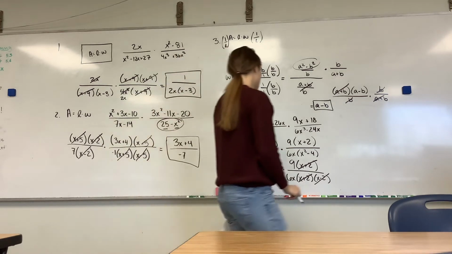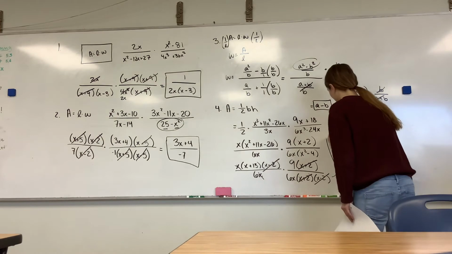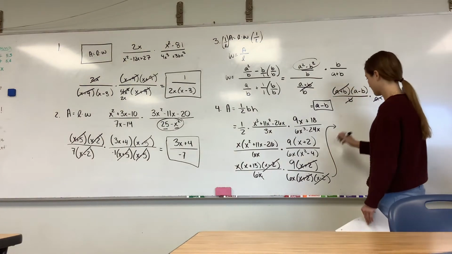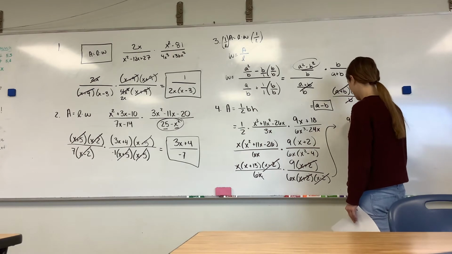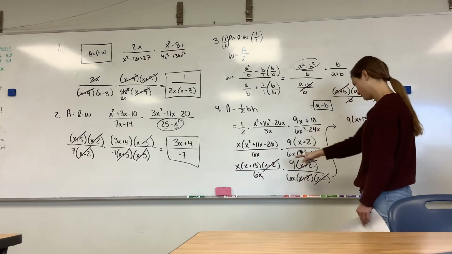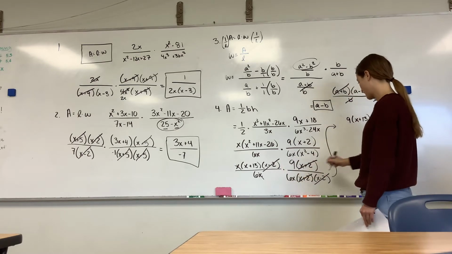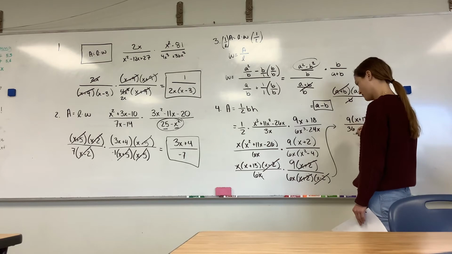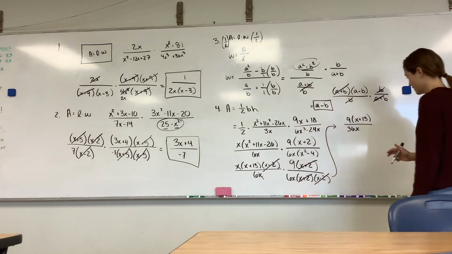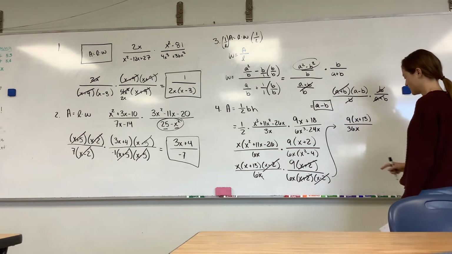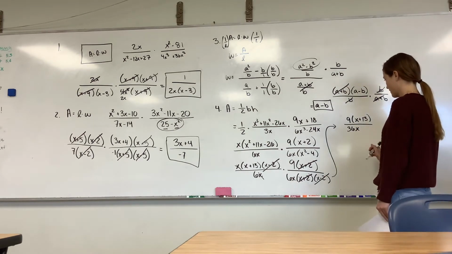Now let's do, I'm going to come up here. On the top it looks like I'm left with a 9 times x plus 13. And on the bottom I'm left with a 36x. So I can reduce this, I guess, one more time. 9 and 36 both are divisible by 3.